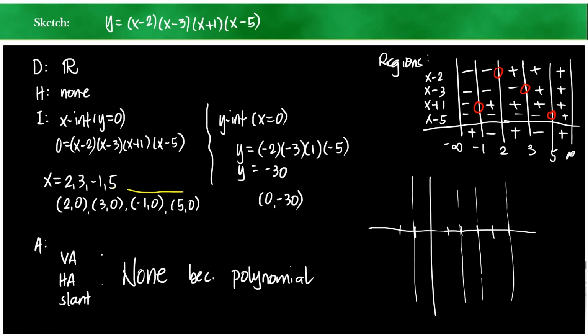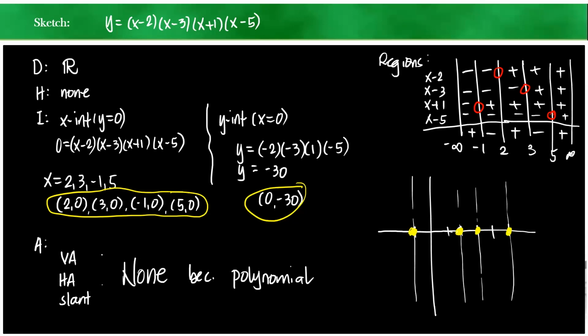Negative one here. Okay. So what are the intercepts, guys? The intercepts are these and this. So this one is -1, 2, -1, 2, so I'll make it yellow. So -1, +2, and then +3, and then +5. Okay. And then (0, -30).